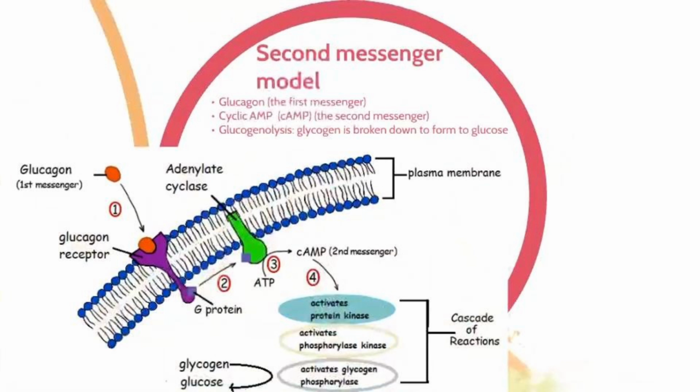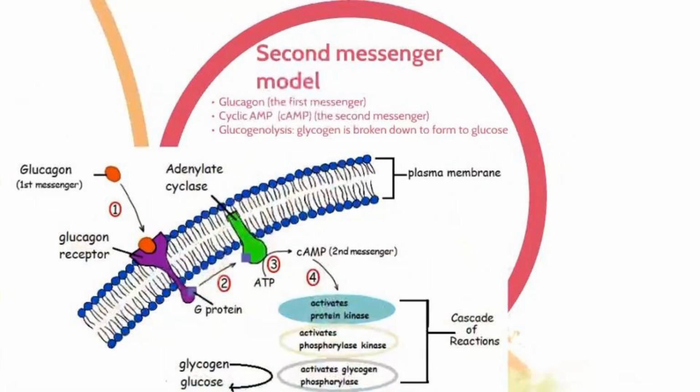So we have one enzyme that is activated by cAMP. That enzyme then goes on to activate another enzyme, phosphorylase kinase, and then once we have the active phosphorylase kinase enzyme, that can then activate the final enzyme, which is the glycogen phosphorylase enzyme.